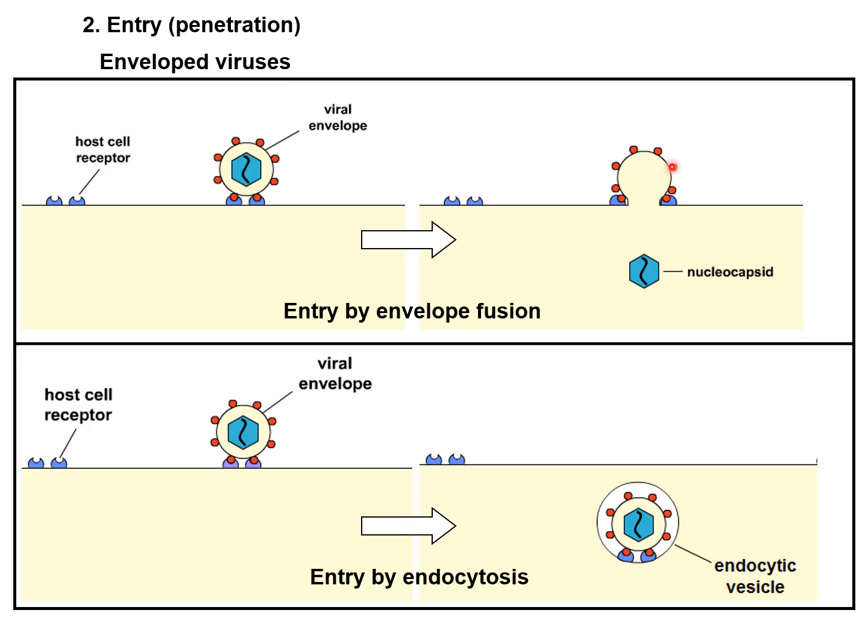Because of its nature, because this is a lipid bilayer membrane, it can fuse with the cell surface membrane, and then what happens next is you release the nucleocapsid inside the cytoplasm.